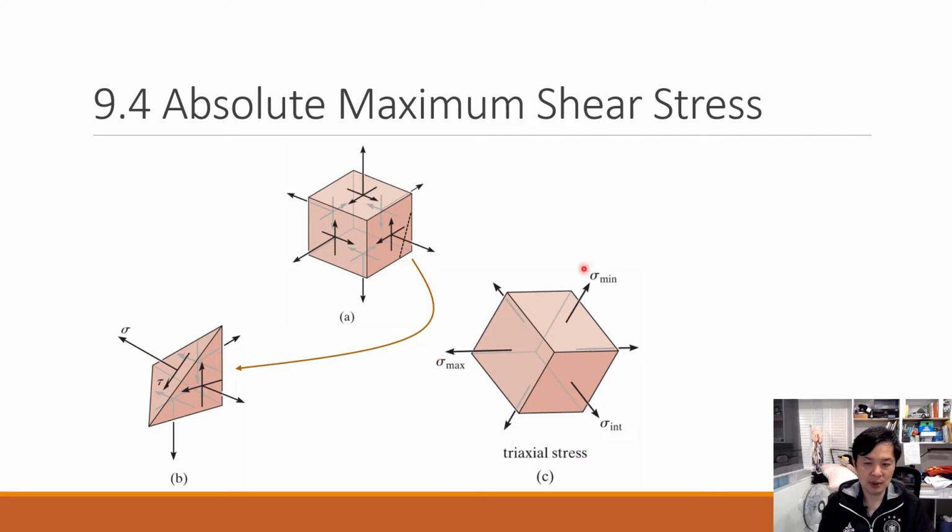For example, these two principal stresses generate a plane like this one, and on this plane you will find 45 degrees, just like this angle, and find the maximum shear stress in that plane. Of course, if you take these two, you will have a plane along this orientation, and at 45 degrees in this direction you will find another maximum shear stress. Following the same concept, you will have three maximum shear stresses.